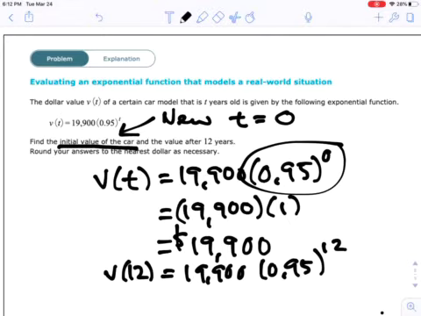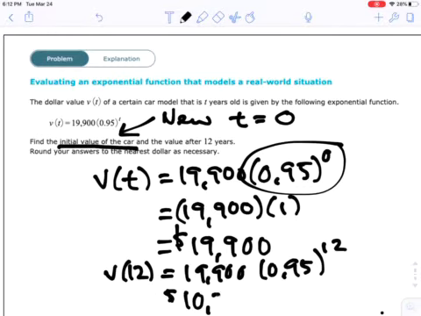And then what you do is you put in your number, your 0.95, and then you hit the x to the y button and then put 12 in. And then that gives you a number. And then you multiply that by 19,900. And we get the amount $10,753. And it says round it to the nearest dollar.